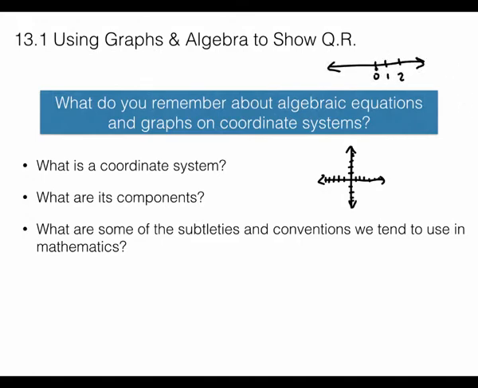That's a number line, right? Well, if I take this thing and I rotate it 90 degrees, have I changed the fact that it's a number line? No. Okay, so we create a coordinate plane by taking two number lines at a 90-degree angle.